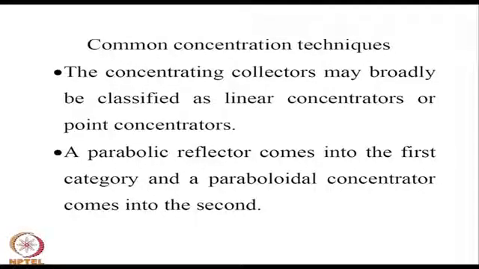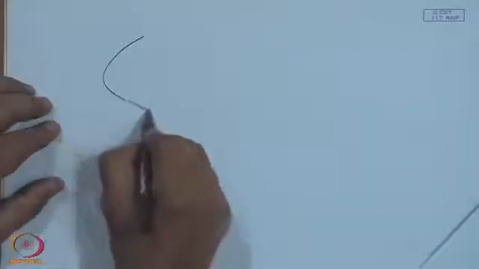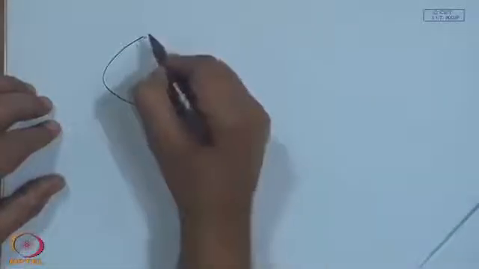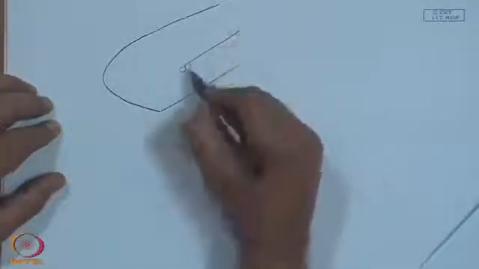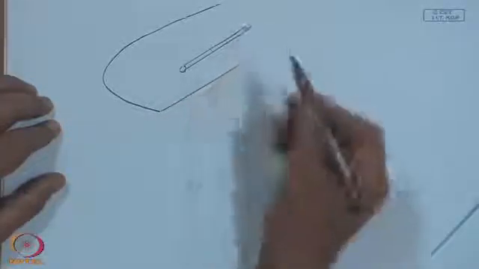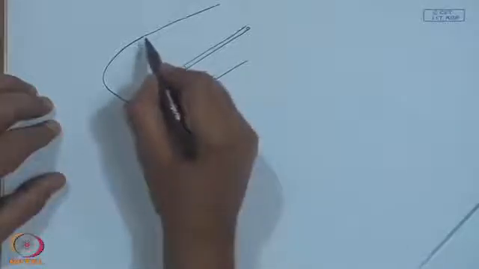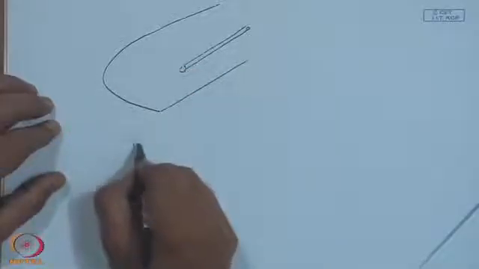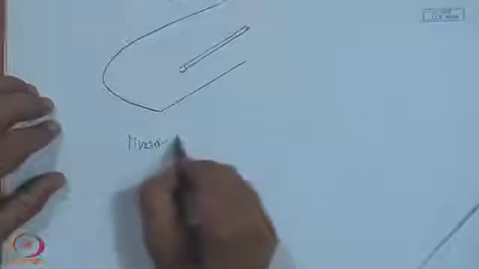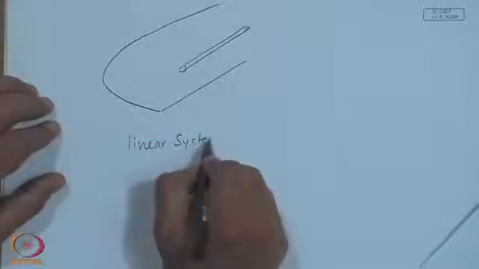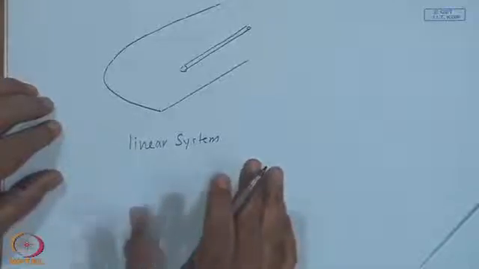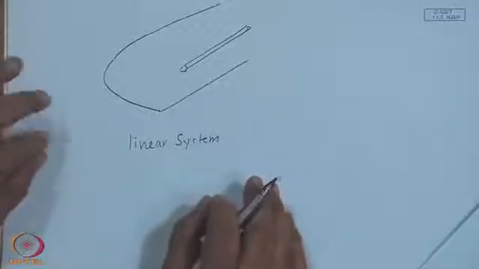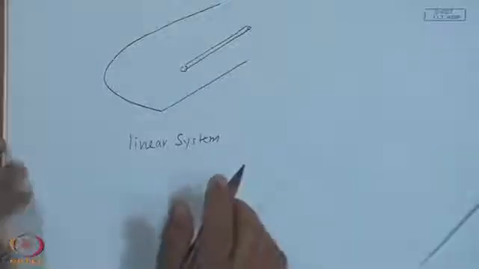So, if I have something like a parabola, in a two-dimensional view, something like this will be my tube. So, I might call this a linear system. In other words, in the limit, the reflected rays will fall on a line, though that width of the line is finite for different reasons.